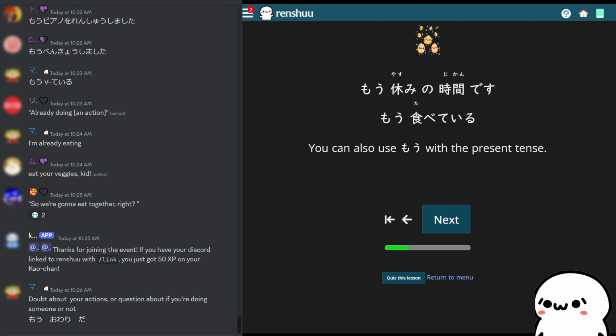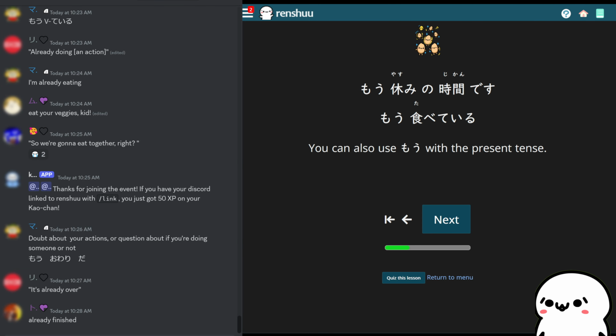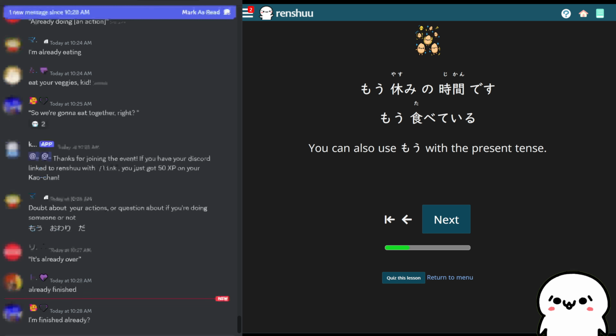what do they mean when they say that? Owari being finished or over or the end kind of thing. It's not already finished though. Because if it was already finished, we'd use the past tense, right?